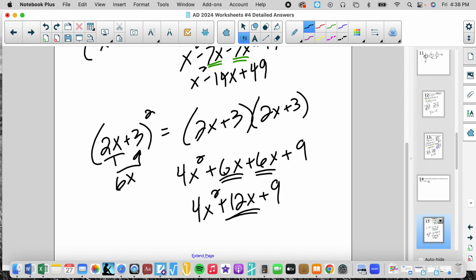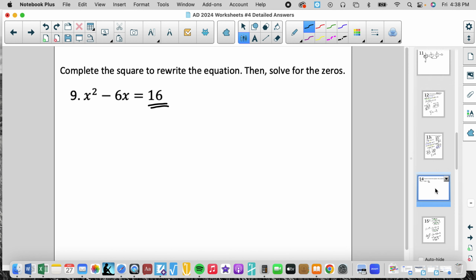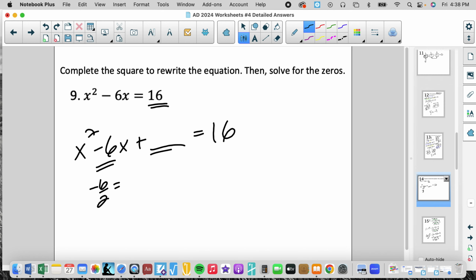I don't know if you see what I'm doing. So if I'm going to find out what that value needs to be in order for it to be a binomial square, what we do is we take half of that, which is negative 3, and then we square it.